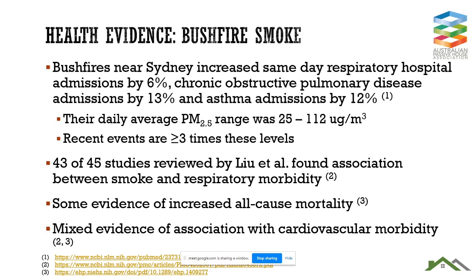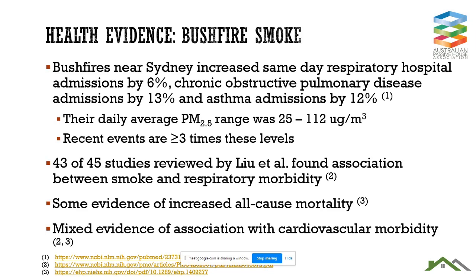Interestingly, the average PM2.5 ranges in that analysis were up to around 100 micrograms per cubic metre. Some of the concentrations we've seen are 3 or 4 times that over the last 3 or 4 months. So we're talking about a very significant event.